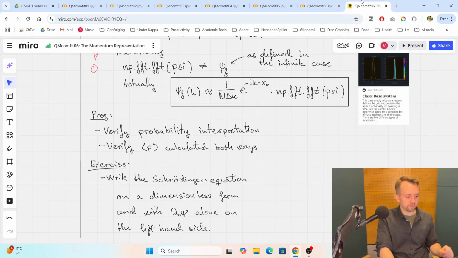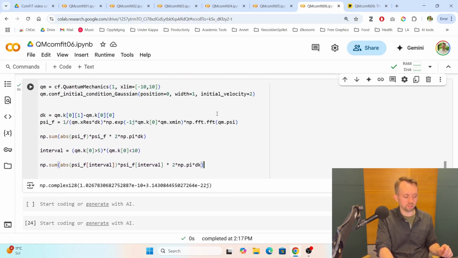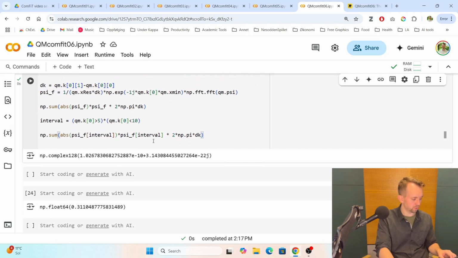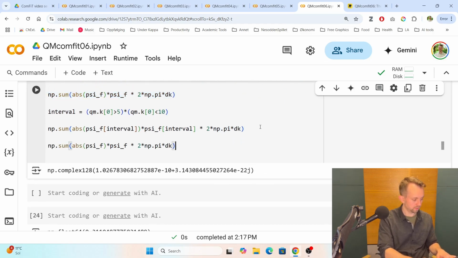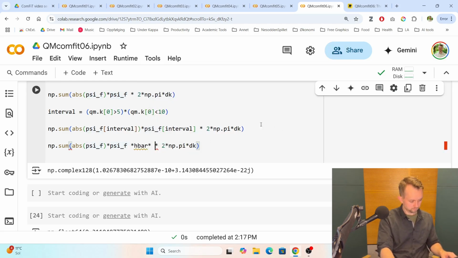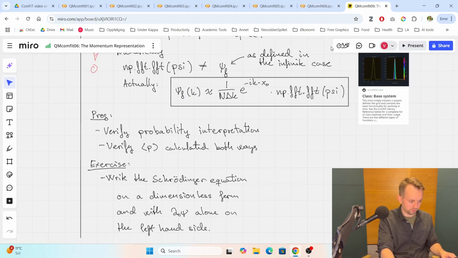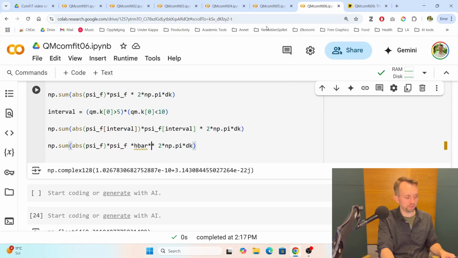So let's calculate the expectation value of the momentum in both ways. So in Fourier space, this is quite easy. We almost have it already. We just need to take this thing we have here, and then we need to multiply by h bar times k, that's the representation in momentum space.